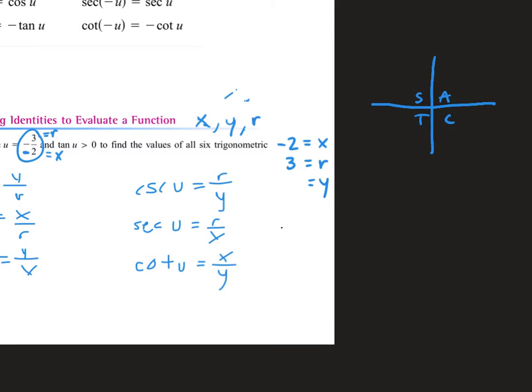One and 4, because secant goes with cosine, so cosine is not positive either. Then tangent of u is greater than 0, so if tangent is positive, which can we cancel out next?